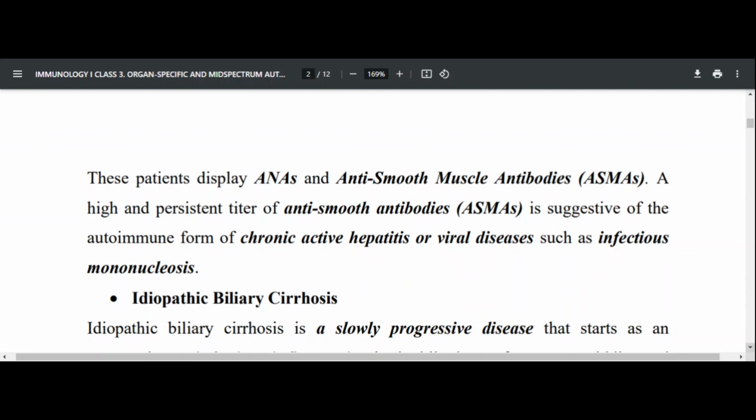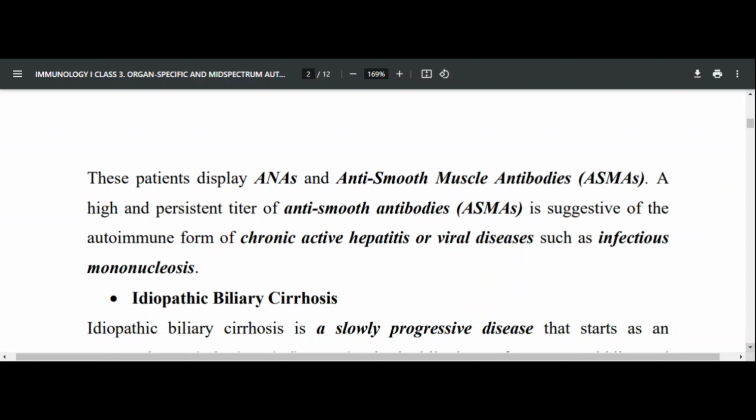So anti-smooth muscle is a good indicator of chronic active hepatitis, or sometimes even an autoimmune form of viral disease like infectious mononucleosis.